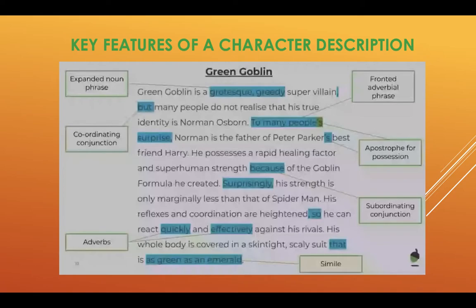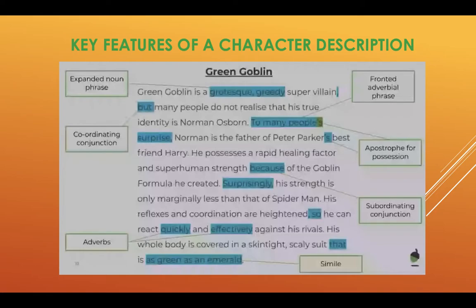His reflexes and coordination are heightened, so he can react quickly and effectively against his rivals. Well, so is written after a comma. So is a coordinating conjunction. And quickly and effectively, they both end in ly. They're very easy to spot. They are adverbs. They describe the verb.